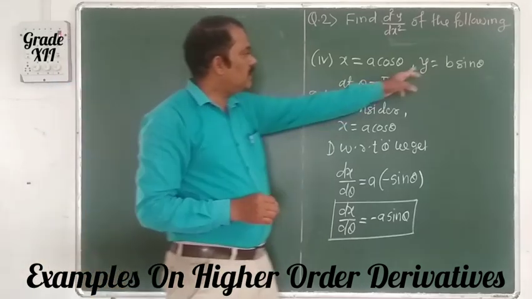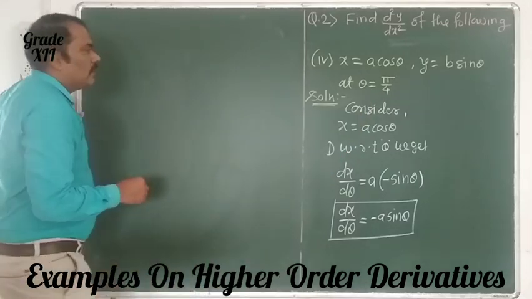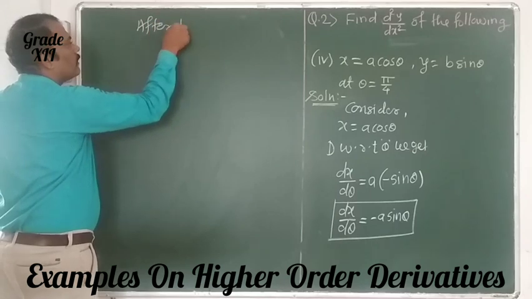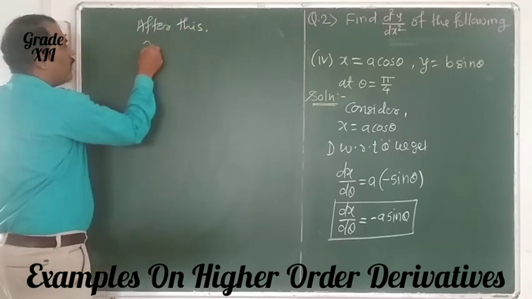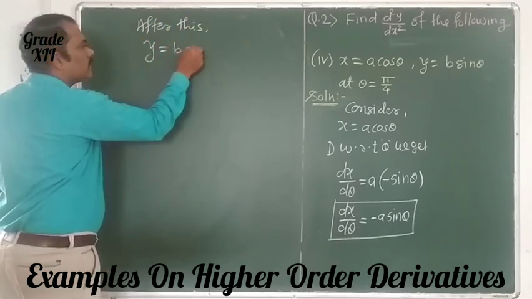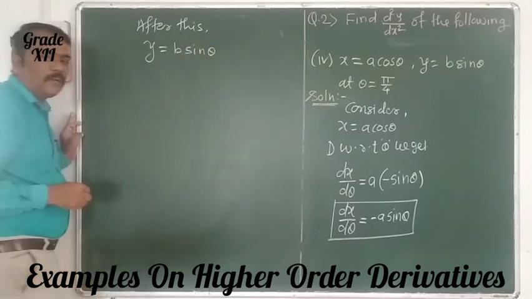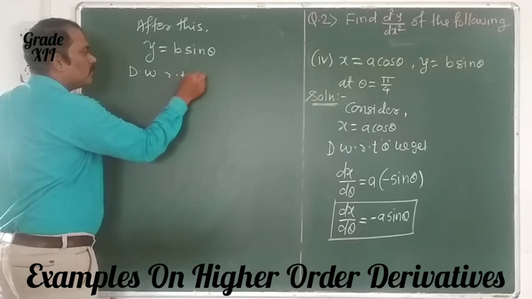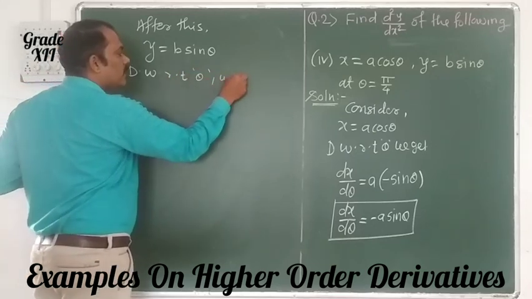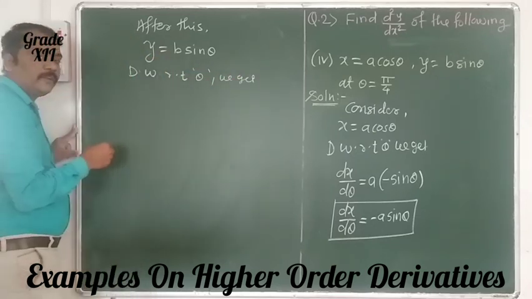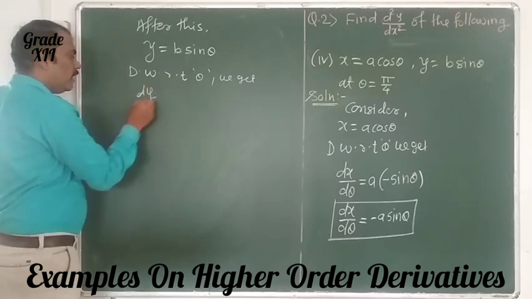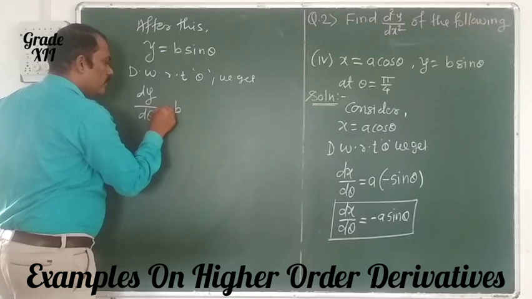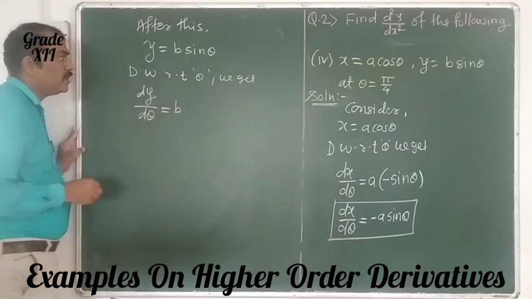Next, we have to consider y, which is equal to b sin theta. Now we have to differentiate with respect to theta, we get dy by d theta is equal to, b is a constant, you have to take it outside.